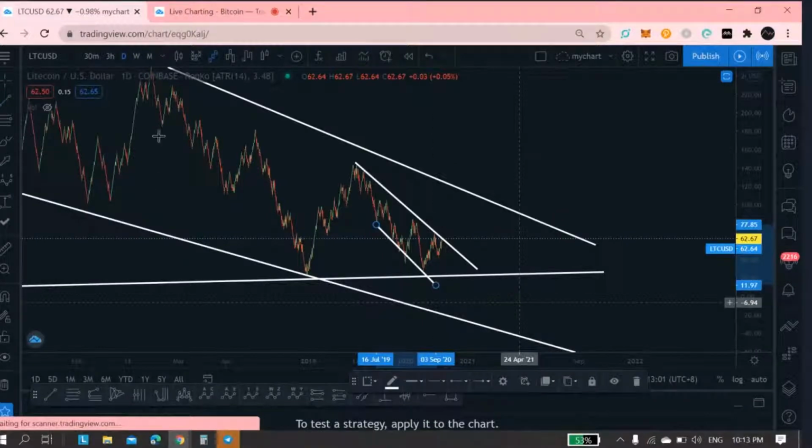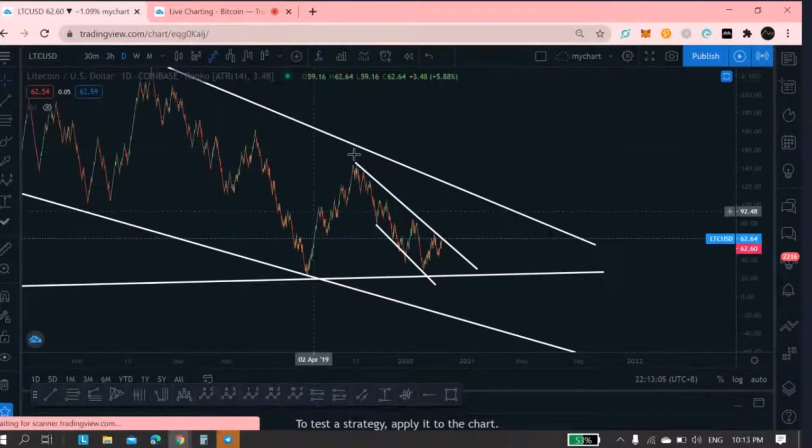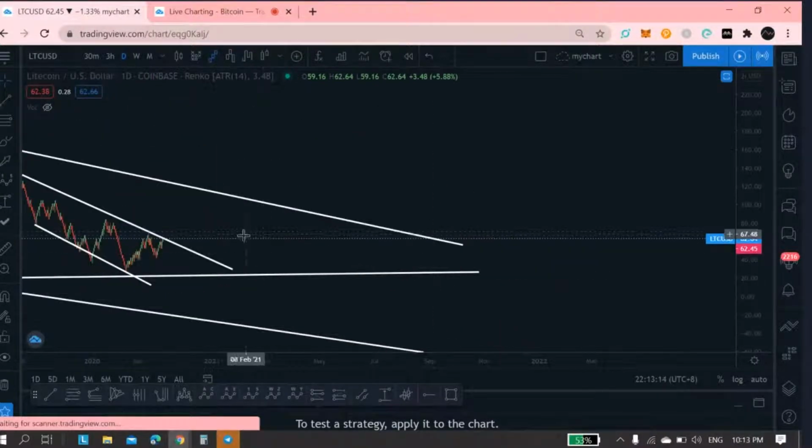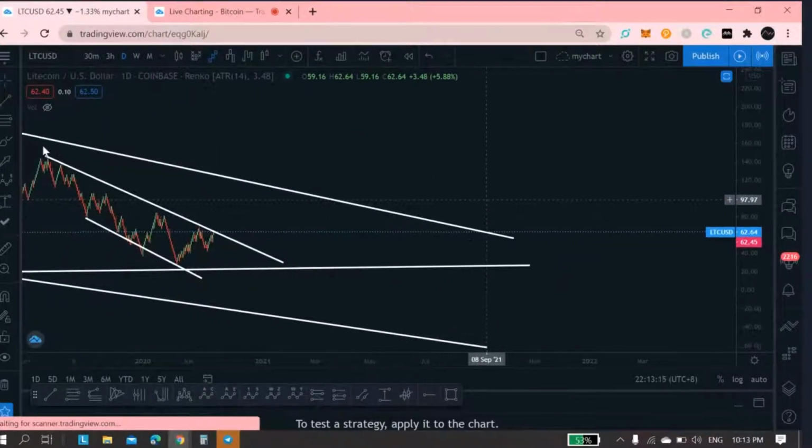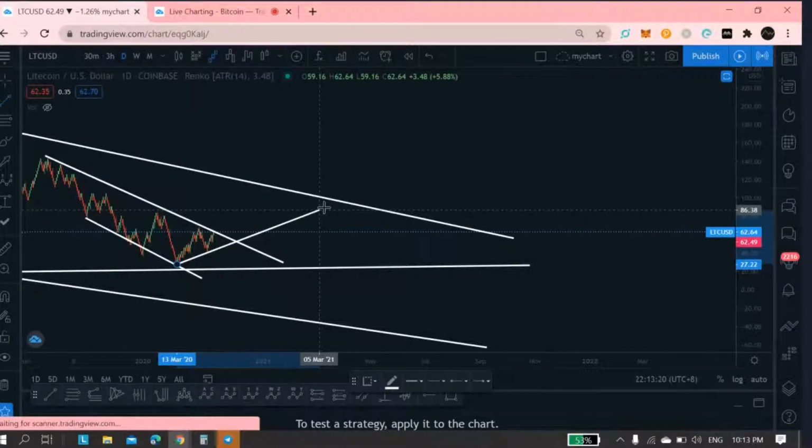So actually, within the long-term channel, and short-term also forming a downtrend channel. And then currently in an uptrend. So let's see if it breaks this resistance area. Currently at resistance already using this short-term downtrend area.